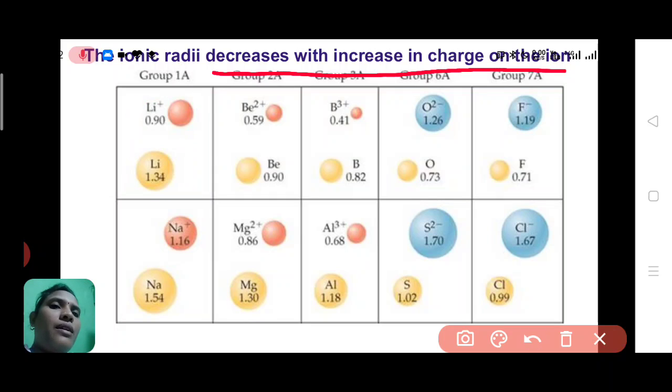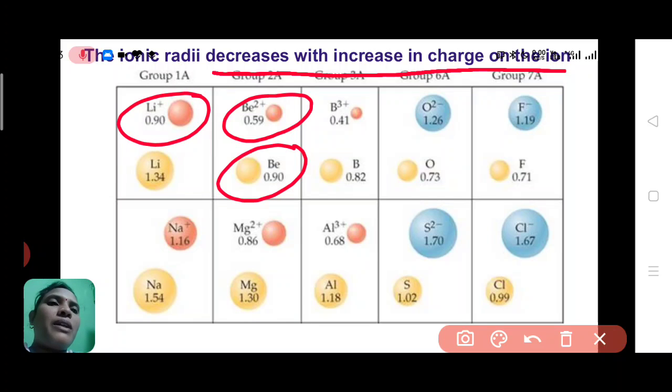Same way, beryllium has this size, 0.90. When beryllium loses 2 electrons, it forms Be2 plus. Now there is an increase in charge as compared to lithium. Lithium has plus 1 charge and beryllium has 2 plus charge in its cation form, so the size decreases again because of the increase in charge on the ion.